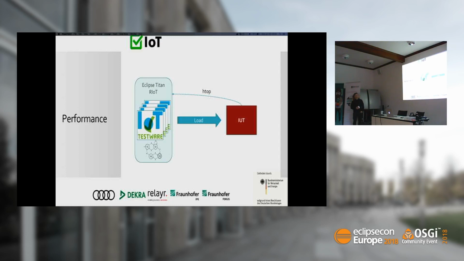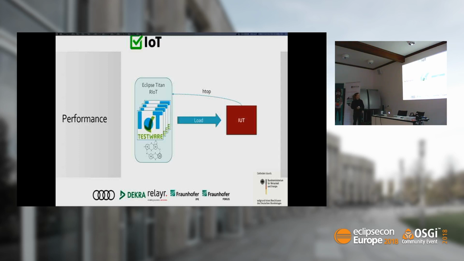And the next thing, which is not really implemented yet, but as we're using Eclipse Titan, we have a pretty powerful tool called Eclipse Titan Riot, which gives us a load generator which relies on state machines. So you can define a behavior with a state machine and automatically generate load out of it.